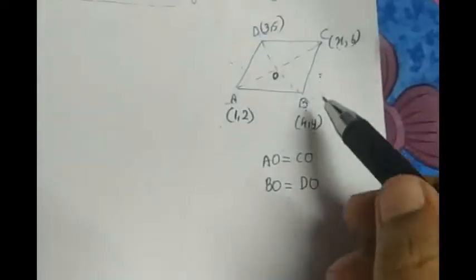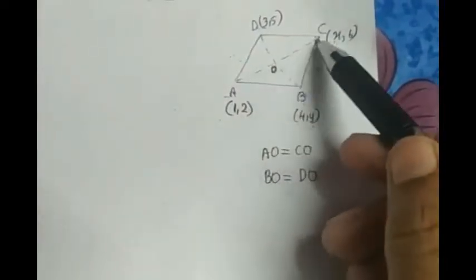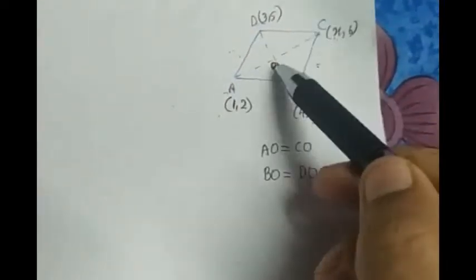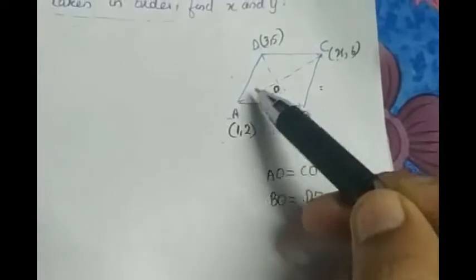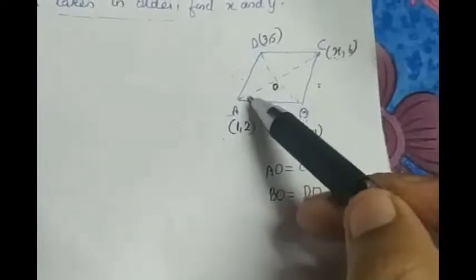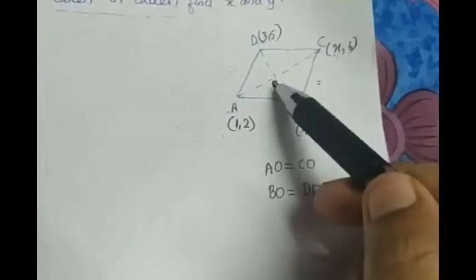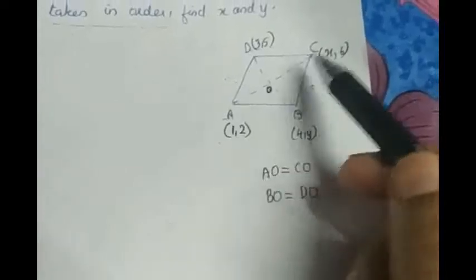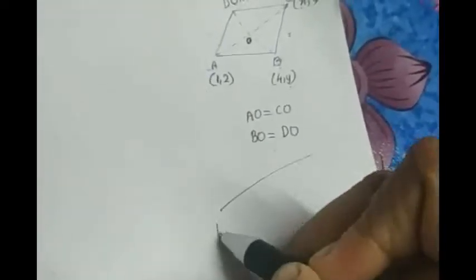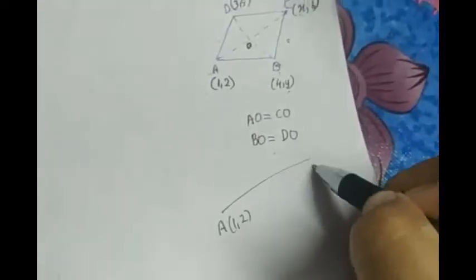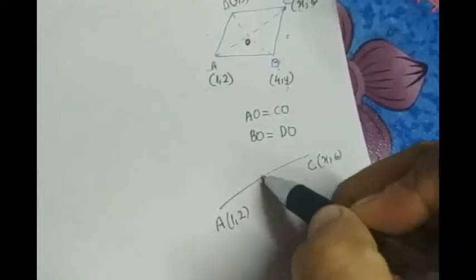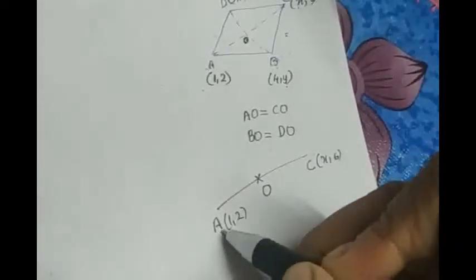Okay, so what you have to do is consider AC as the line segment, and O as the point which divides the line segment AC. So if I am drawing it again, A is a vertex given as (1, 2), C is a vertex given as (x, 6) and O is the point which divides AC.